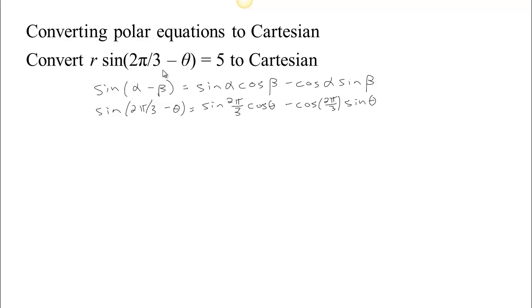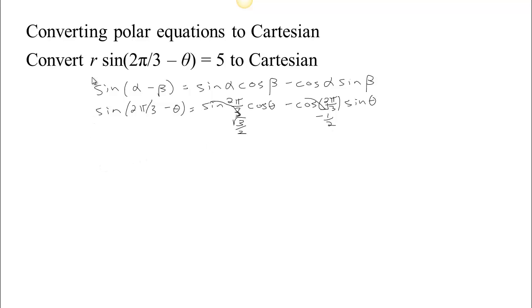So using this angle difference identity, what is the sine of 2 pi thirds? That is root 3 over 2. And the cosine of 2 pi thirds is negative 1/2.